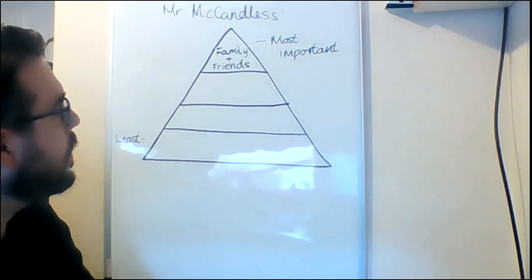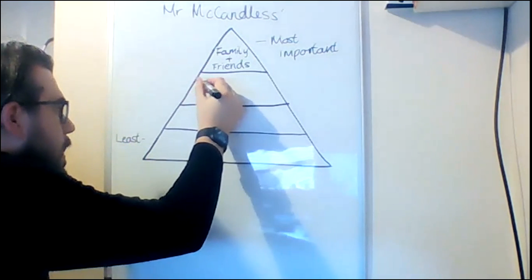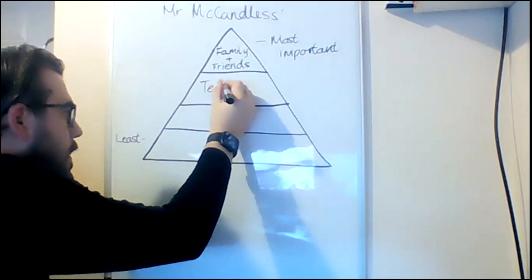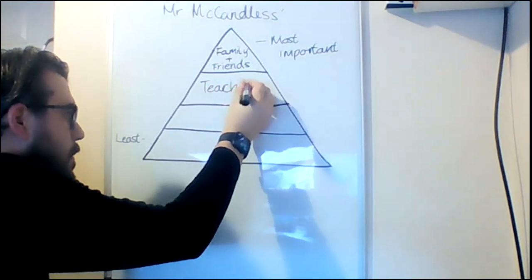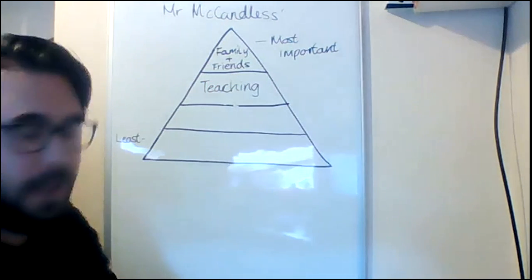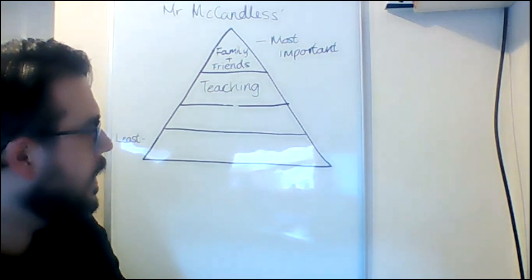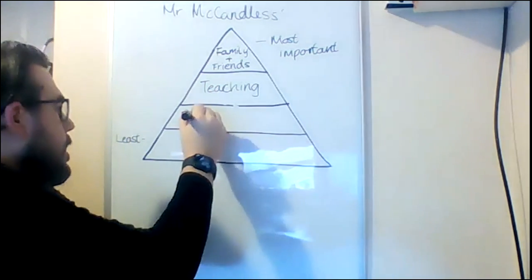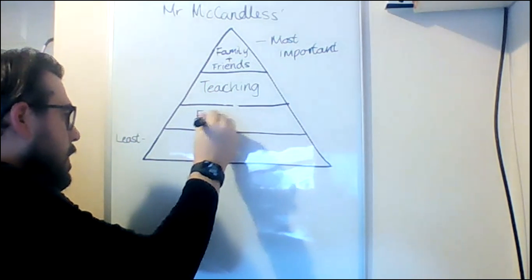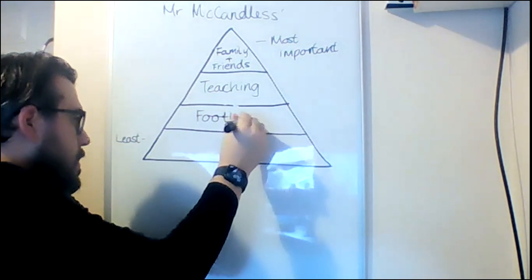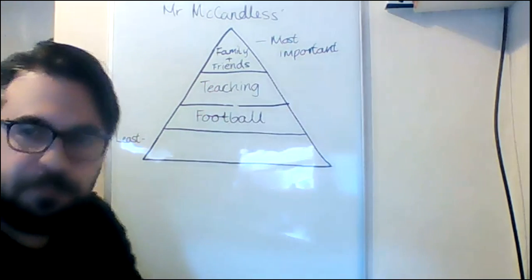Next, I am going to go for something that you should like. I'm going to go for teaching. Teaching, something really important to me, and I'm really enjoying it, and I love teaching you. So teaching is going to be my next one. Next one, I'm going to go with football. Something that's very important to me. I absolutely love football.